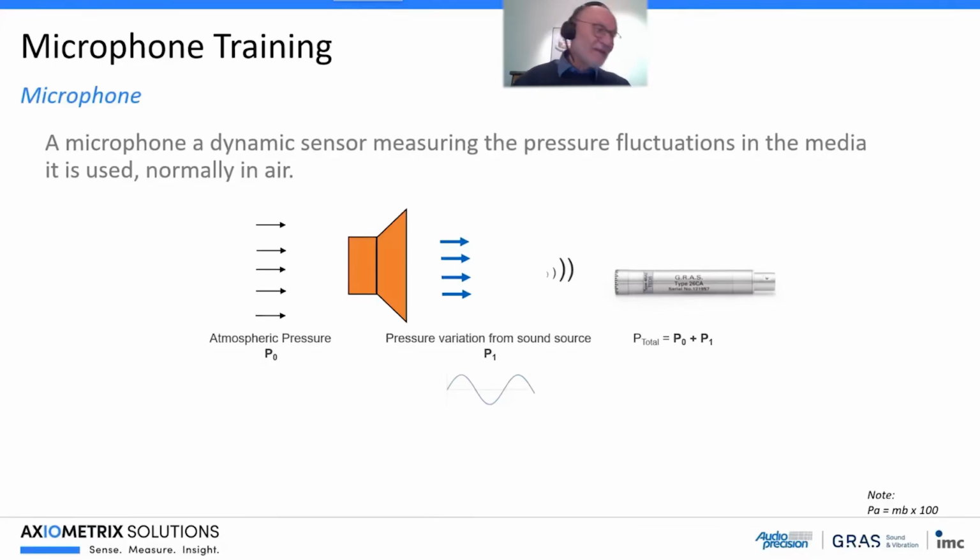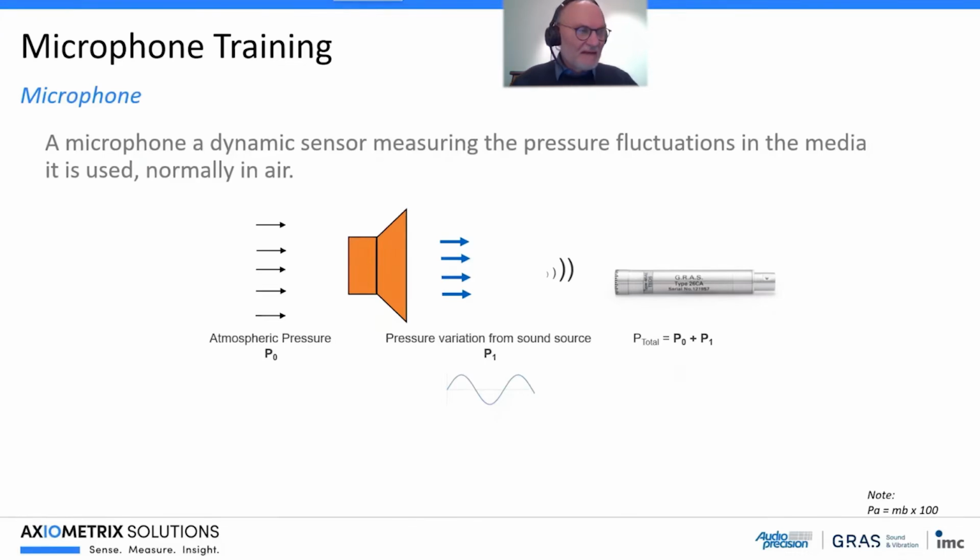If we have a sound source, it could be a speaker like we have here on the picture, then when this speaker is playing music or whatever it is doing, we will have some pressure variation of our atmospheric pressure.